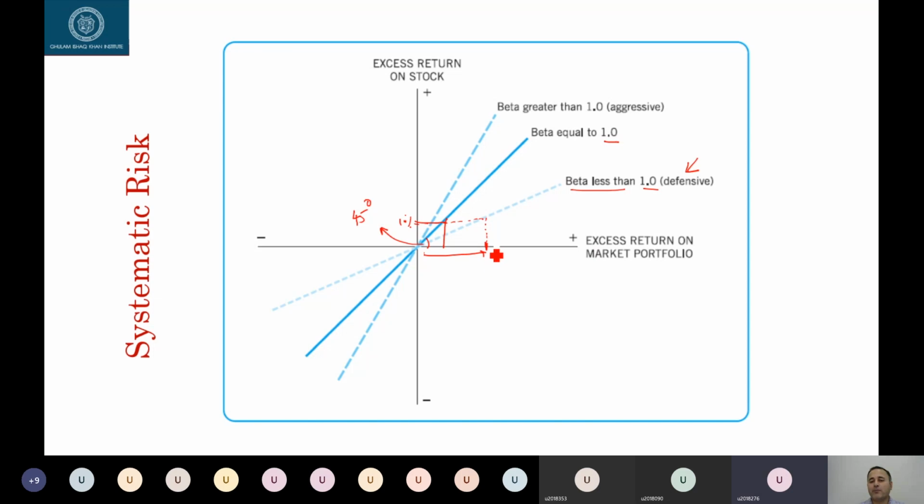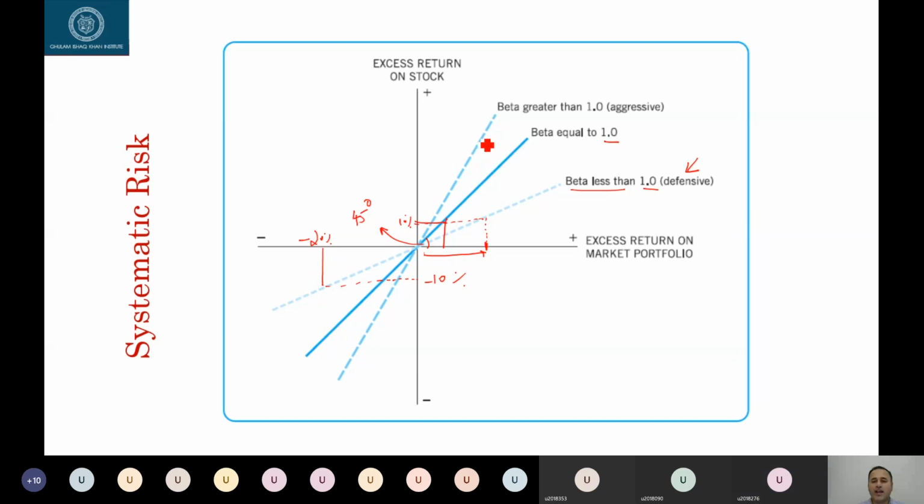So the market gains more, you gain less. But on the flip side, if the market loses 20% here, the benefit of a defensive portfolio is that you lose 10%, not 20%. So it's a defensive portfolio.